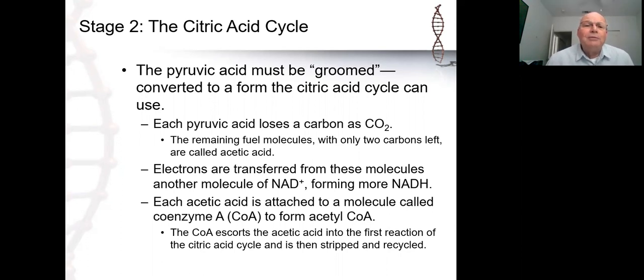So the pyruvate moves into the mitochondria by facilitated diffusion. And you might recall that from a previous chapter as a mechanism for getting things across the membrane using a transport protein and a difference in concentration. And the pyruvate can move into the mitochondria very nicely by facilitated diffusion, because there's always a lot of pyruvate in the cytoplasm.